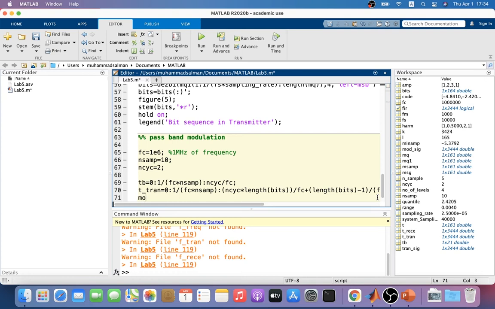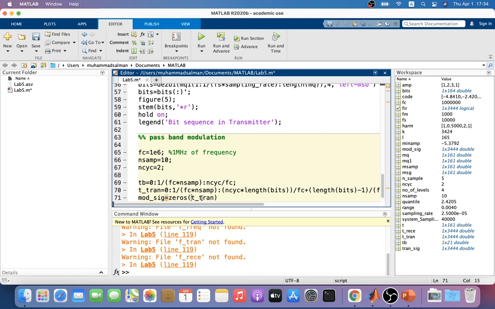Now I will make a modulated signal, let me call it modulated signal. I want to put everything in this modulated signal, but it should have some size, right? So I will say that it should have zeros inside it before, because I want to fill it with something blank, meaning zeros.